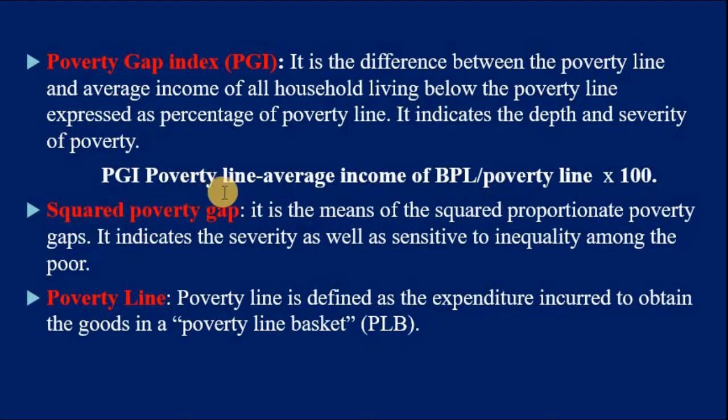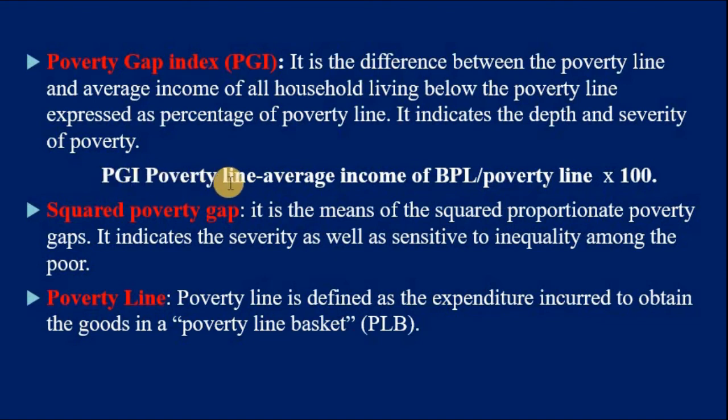So simply the poverty line minus the average income of below poverty line. We already said that one, the average income of all the households living below the poverty line divided by the poverty line into 100. So this is a simple formula.